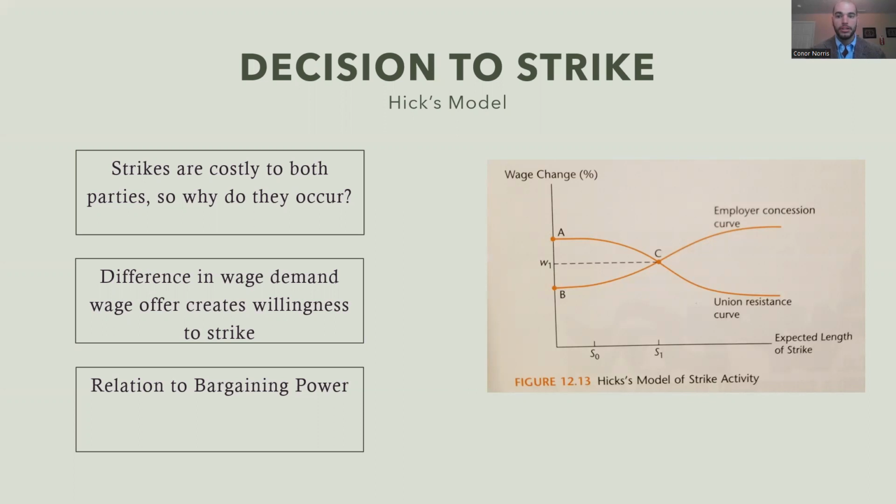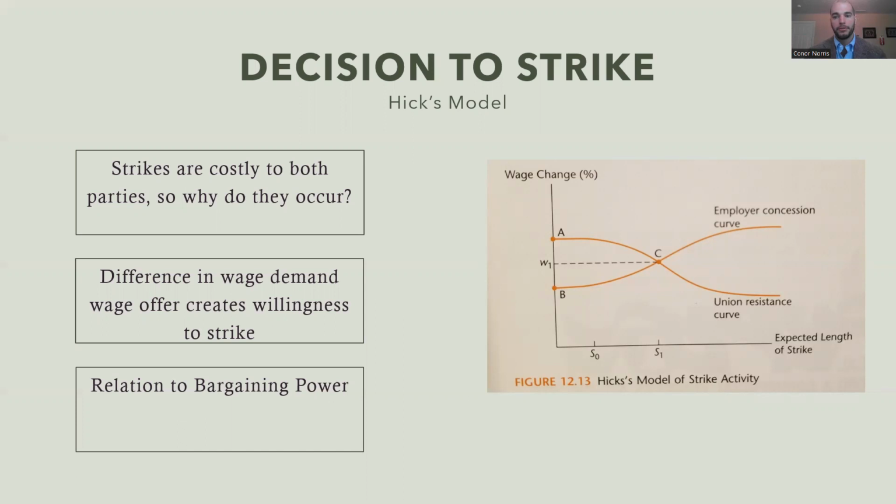At that point, the union and the management are willing to agree on the same wage. At any time before S1, in this case S0, or at any point to the left of S1, the union's wage demands are going to exceed the wage that management is willing to pay. So the strike is going to extend until they meet, in this case at wage W1 at point C.